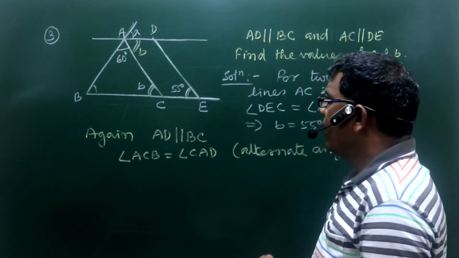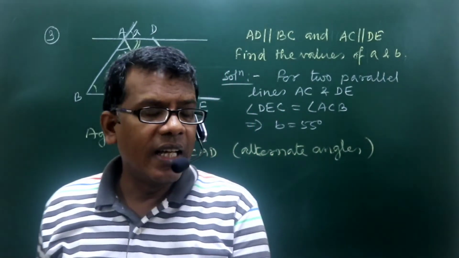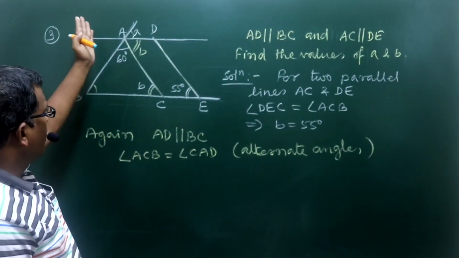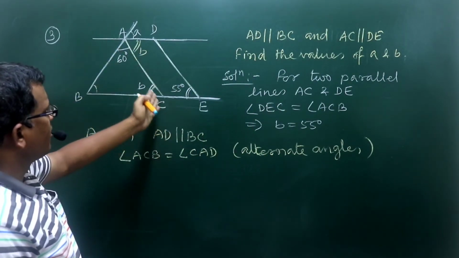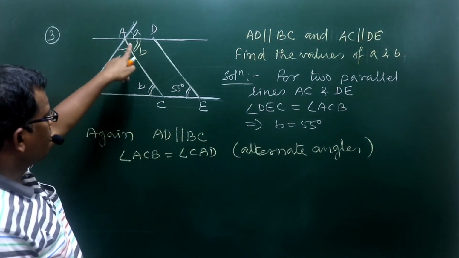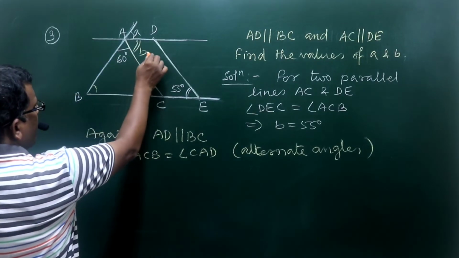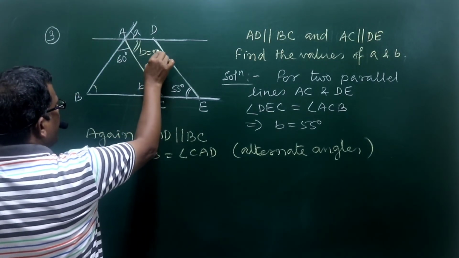Being AD and BC given as two parallel lines, and with respect to this AC as one transversal, I can say this angle should be equal to this. So that means if this B we have got as 55, this angle is also 55 degrees.